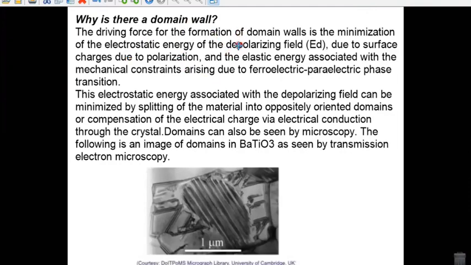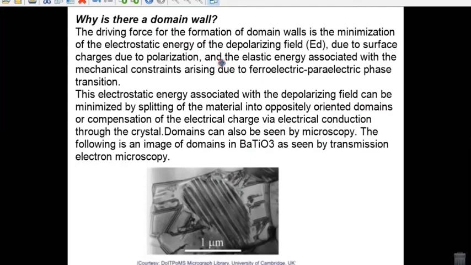The main driving force for the formation of domain walls is the minimization of the electrostatic energy of the depolarizing field ED due to the surface charges from polarization, and the elastic energy associated with the mechanical constraints arising due to the ferroelectric to paraelectric phase transition.